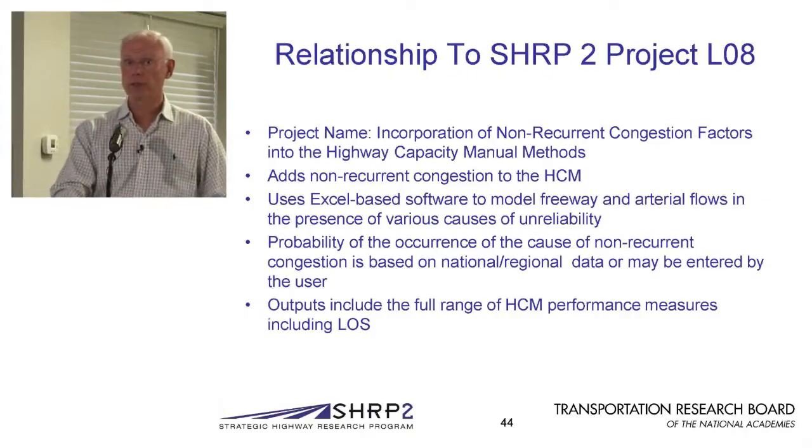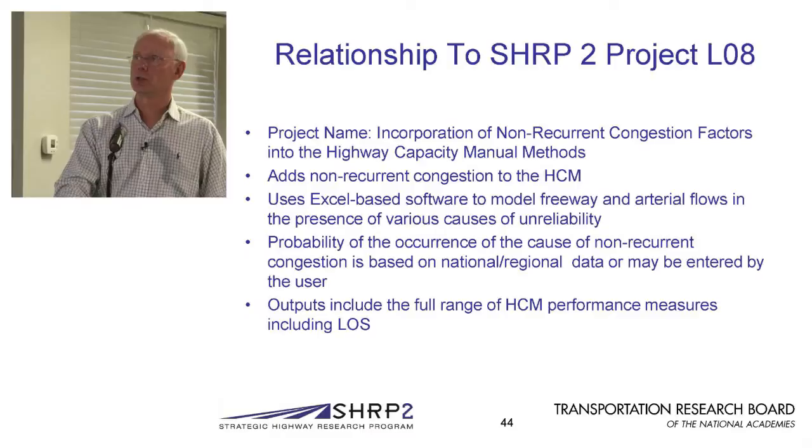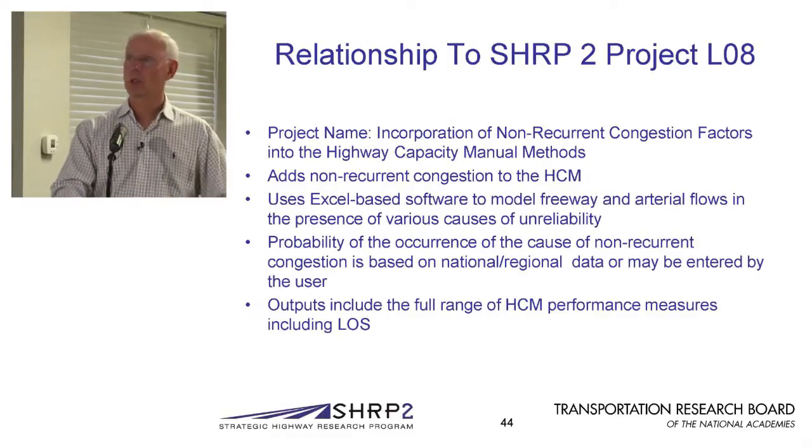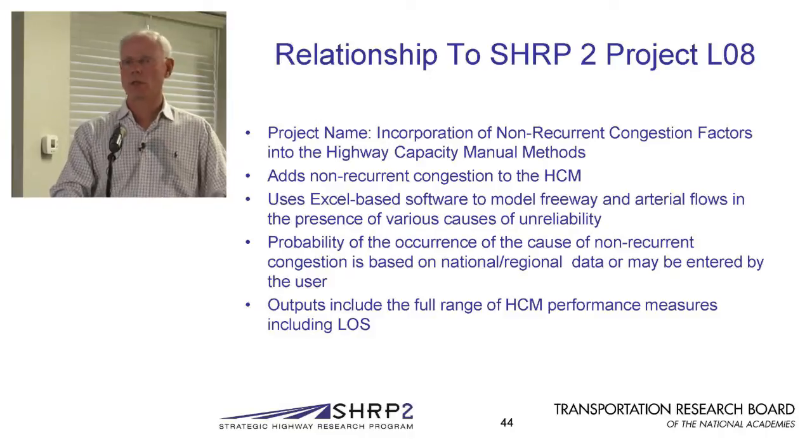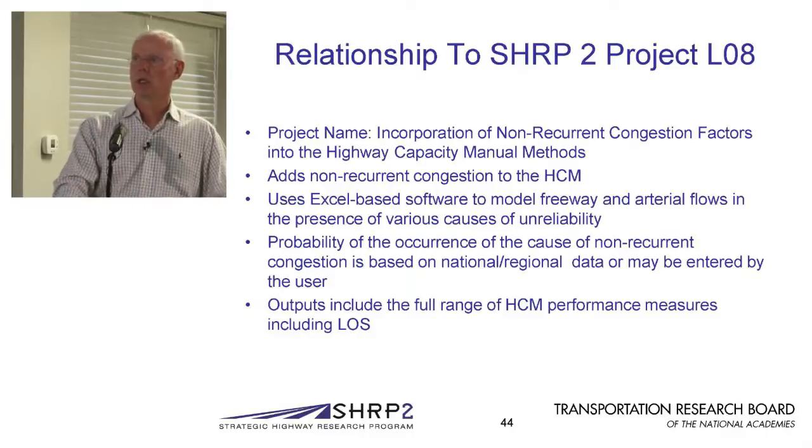That was recognized as part of the SHARP 2 program. There's a report that has emerged from that SHARP 2 program that looks at incorporating non-recurrent congestion factors into the Highway Capacity Manual methods.